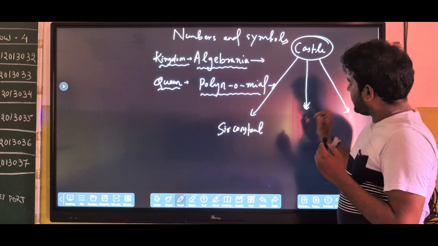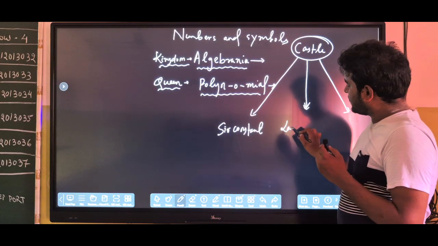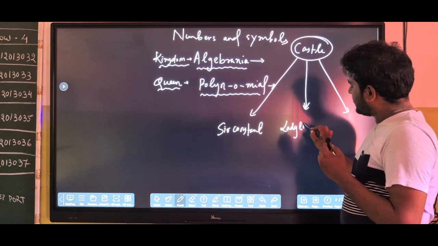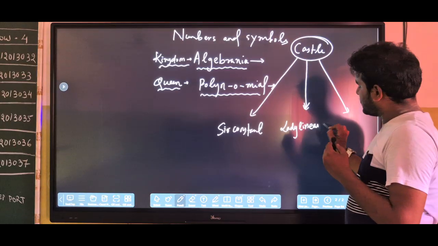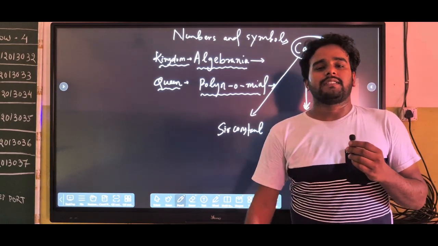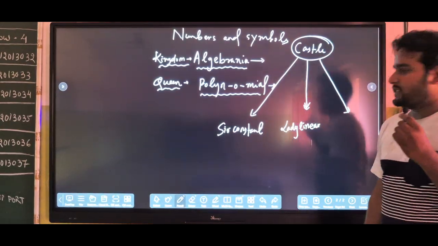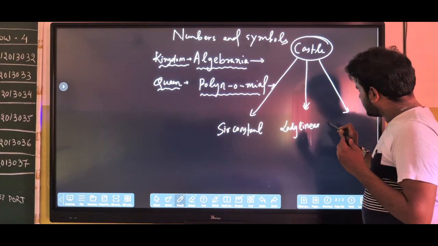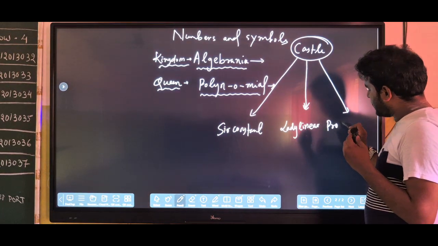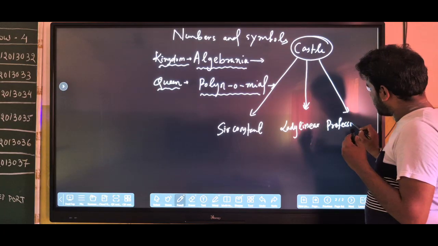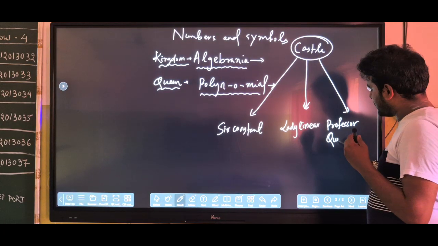The name of the second member is Lady linear, and the third one is Professor quadratic.